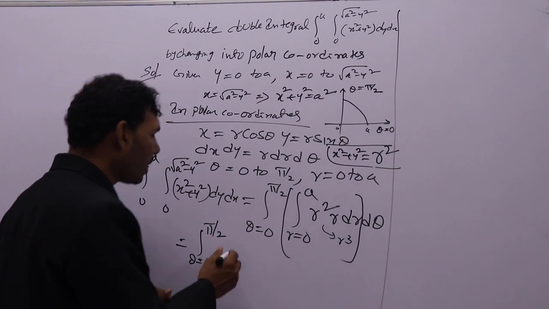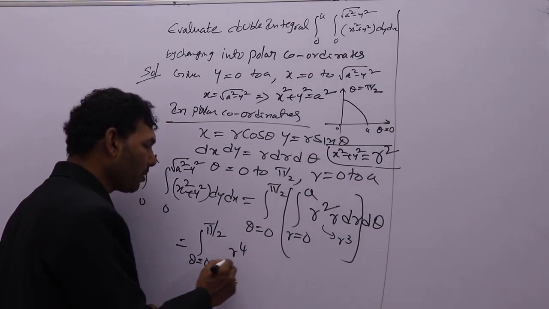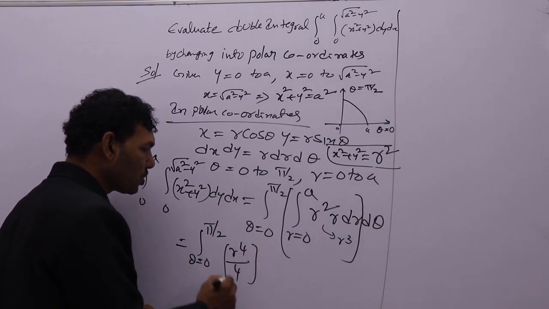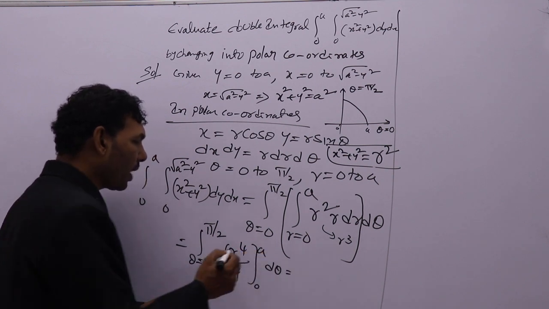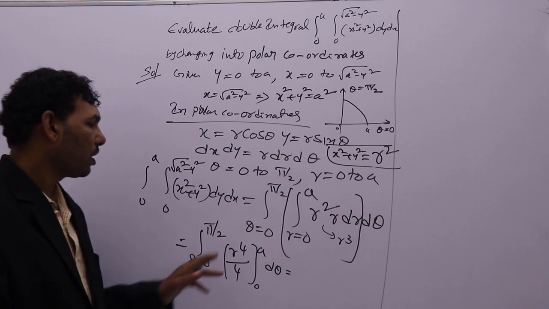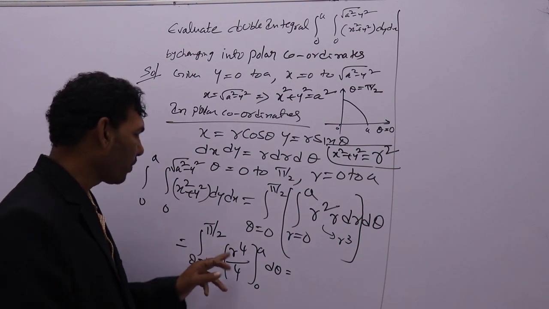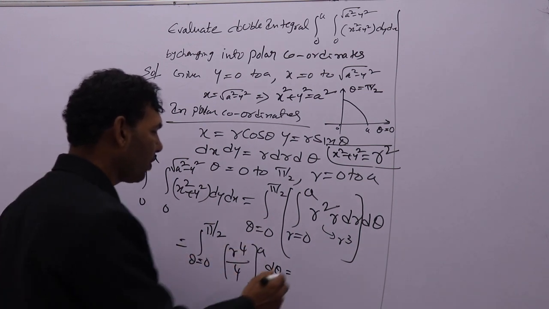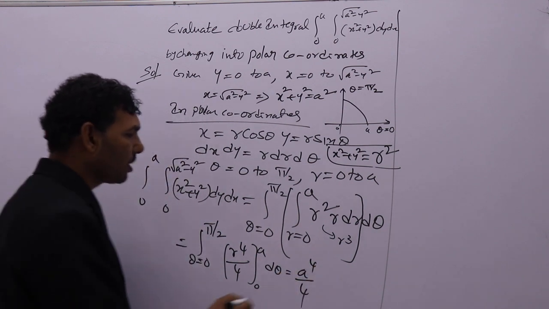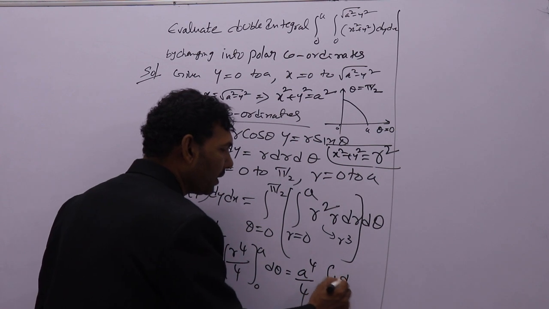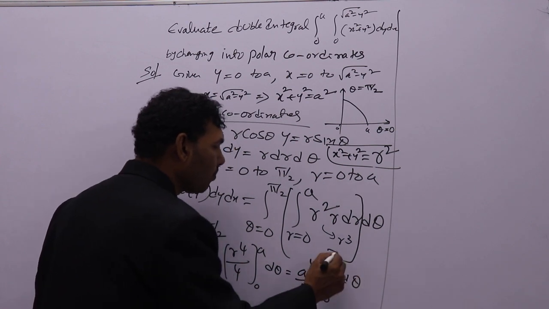So r power 3 plus 1 by 3 plus 1, from 0 to a, d theta. Writing a in the place of r, a power 4 by 4 will be constant. The leftover term is integral 1 d theta, 0 to pi by 2.